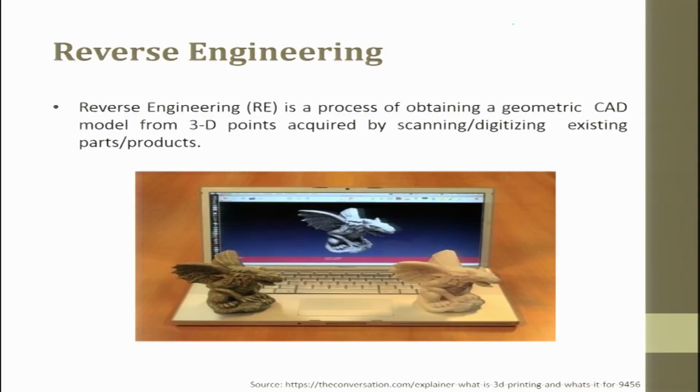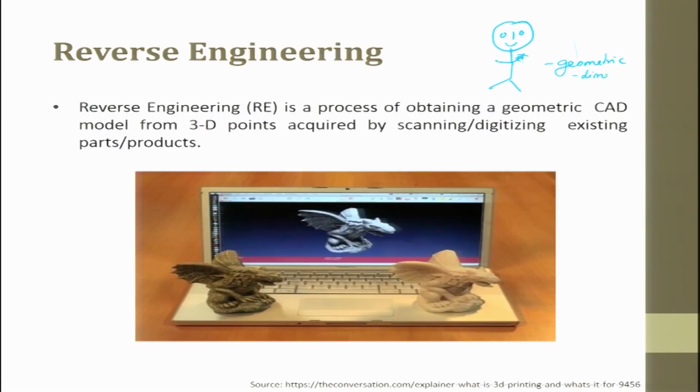Let us take a toy like this, and I have lost this hand in the toy. So, now I cannot use this toy. What I do is I take the toy and try to measure all the geometric data; when I say geometric, dimensions are also included.